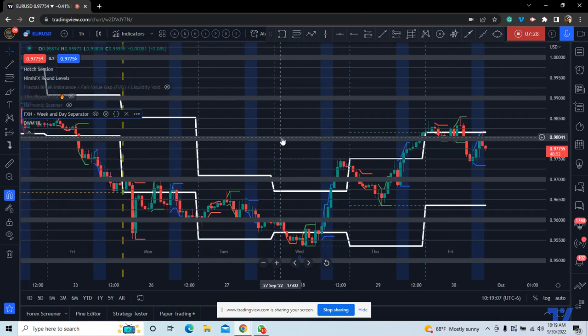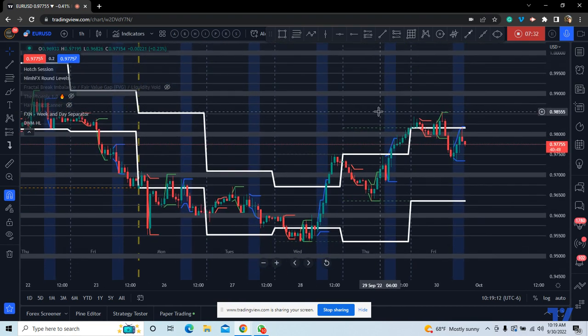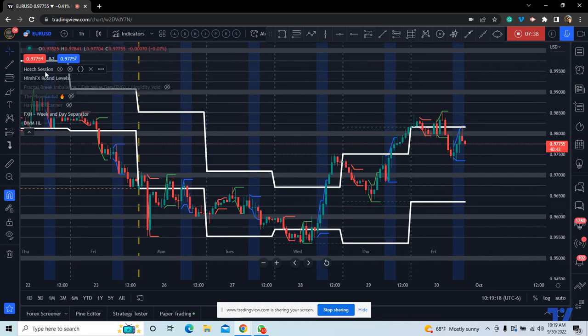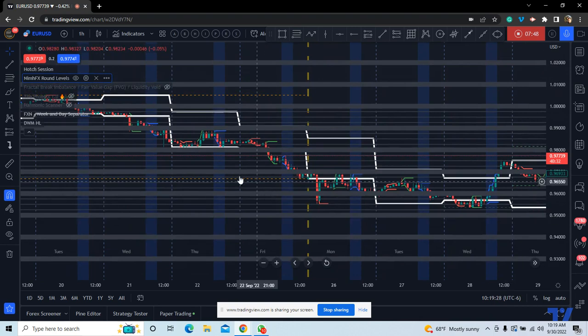So this is giving me, as it says, the previous day, week, and month highs and lows. So that green line there, essentially you've got that already with the session, but for the daily at least. But this indicator gives you the weekly as well. So there's the week low, last week's low, previous week's low, previous week's high, right?